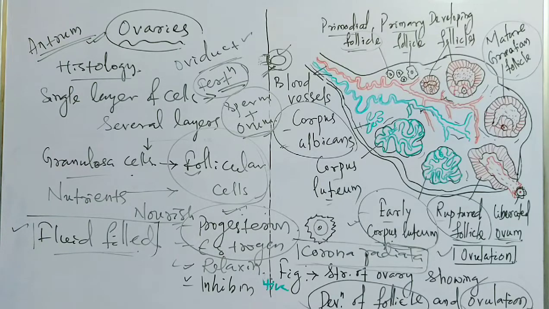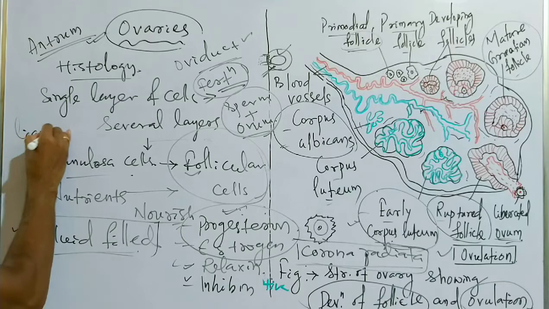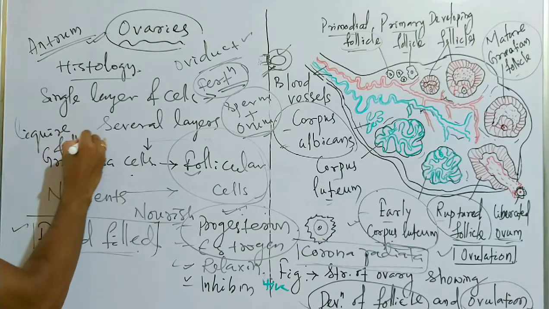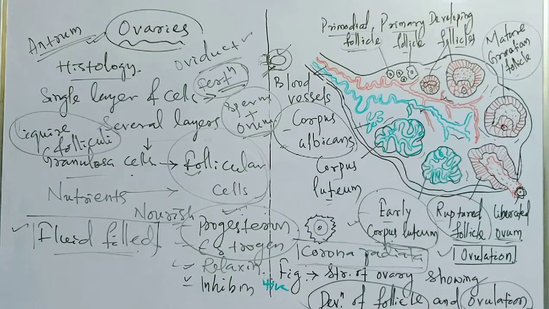And these antrums are filled with liquor folliculi. Liquor folliculi is the fluid which is present inside the antrum, or the gap of the follicles, whether it may be a primary follicle or a Graafian follicle. So the liquor folliculi is present in the antrum, the cavity of the follicles.